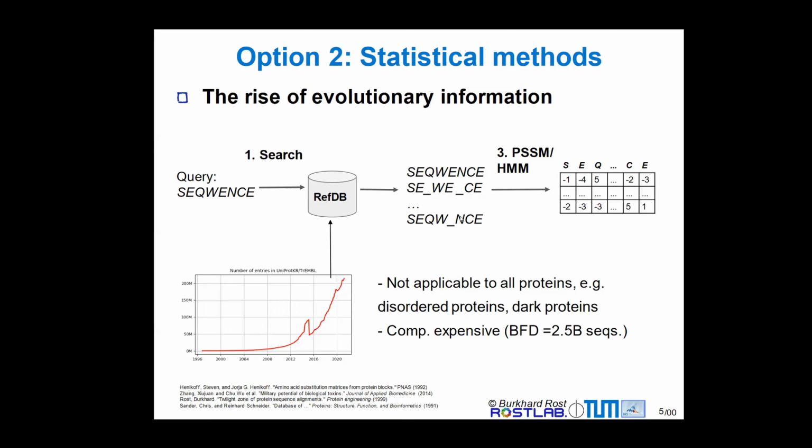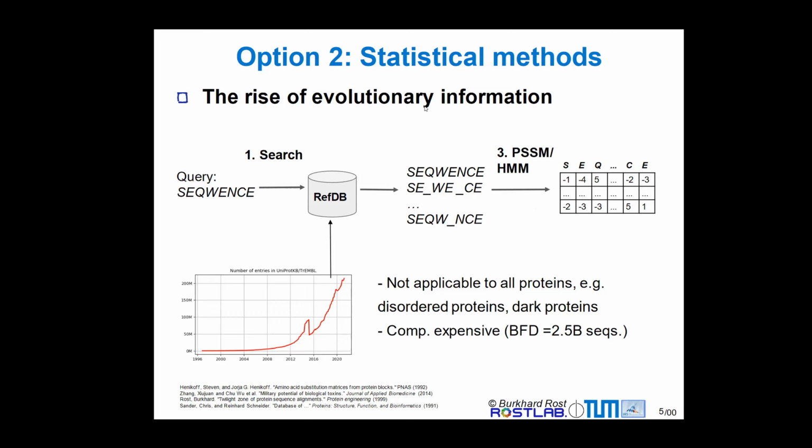But you just search for evolutionary related protein sequences that are very likely to share the same structure and or the same function, so that you can assume that they are part of the same protein family and maybe even have a common ancestor.